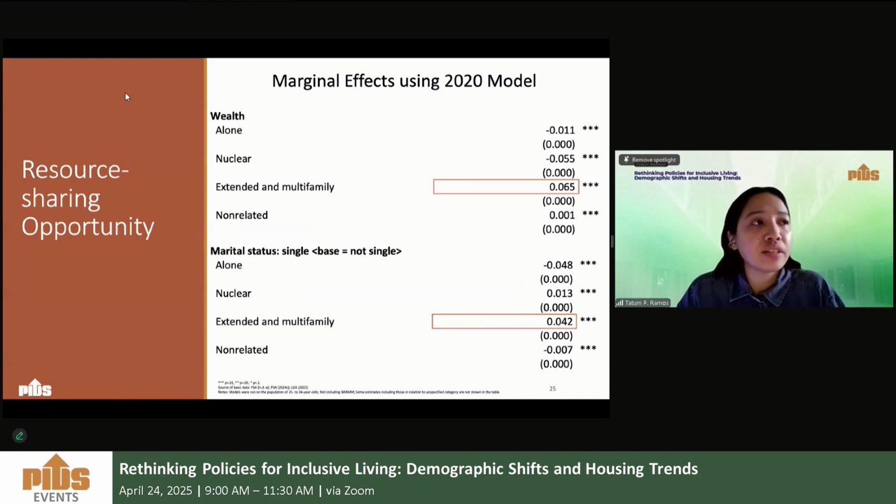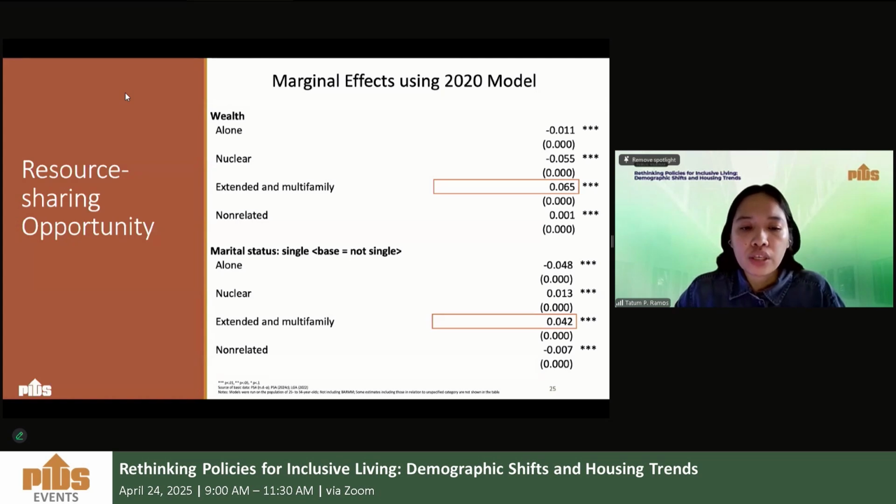But to establish that idea further, let's look at the regression results. So the first estimate that you're seeing on the screen is on wealth. And it tells us that on average, the difference in the probability of being in an extended and multifamily household, given a 1 unit increase in the wealth estimate, is a 6.5 percentage point increase. So this tells us that aside from wealthier individuals probably having greater capacity to take on additional members in their household, they may also have been taking advantage of a resource sharing opportunity.